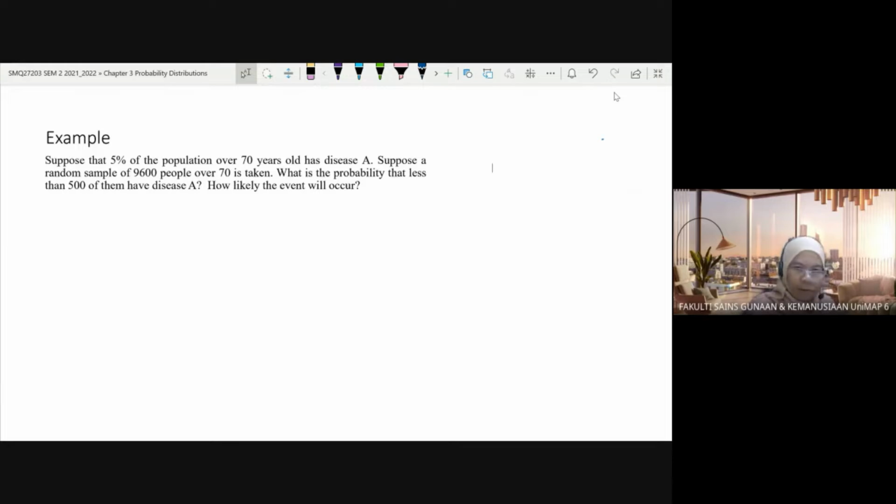In this case, you are given the probability, and the probability is related to a certain number of trials, that is 9,600. So what should come to your mind is a random variable that follows the binomial probability distribution.